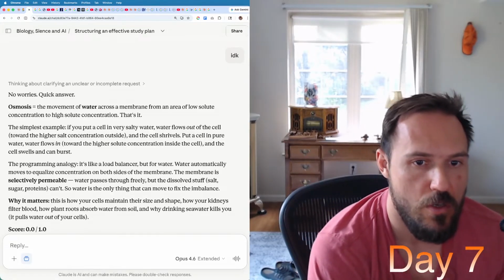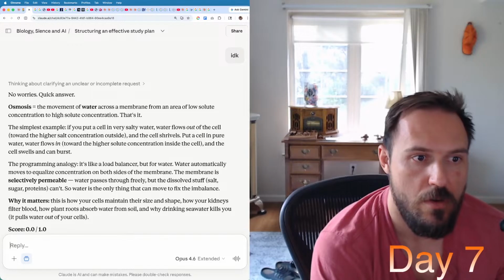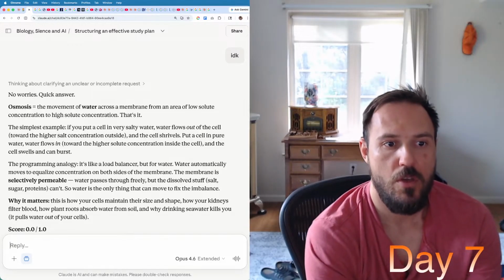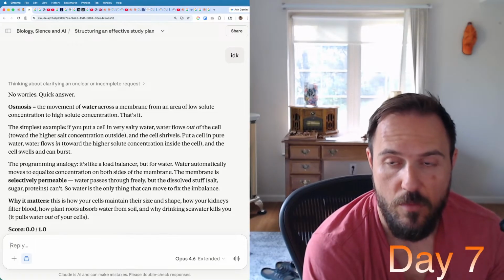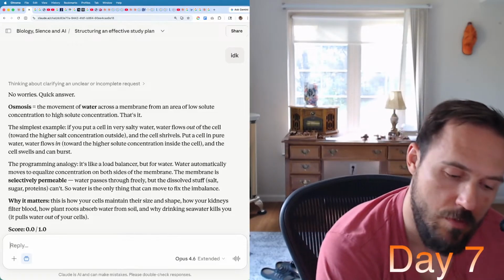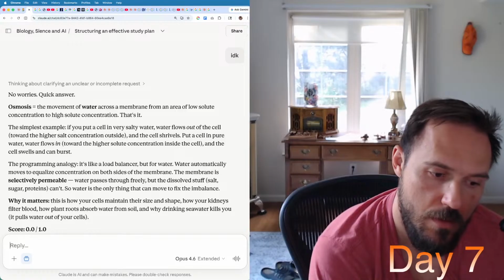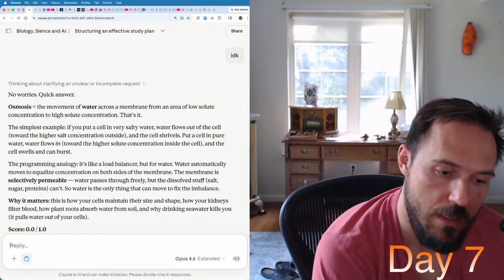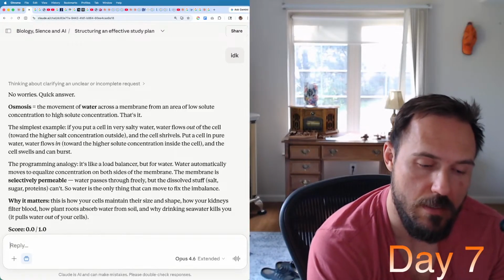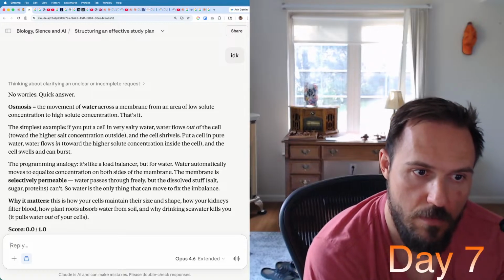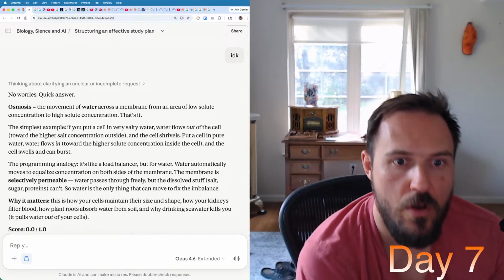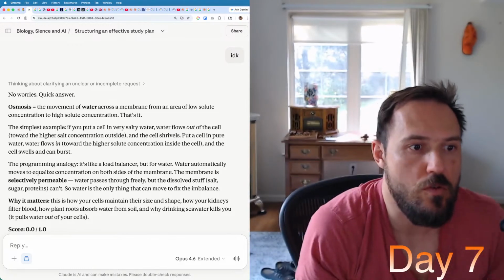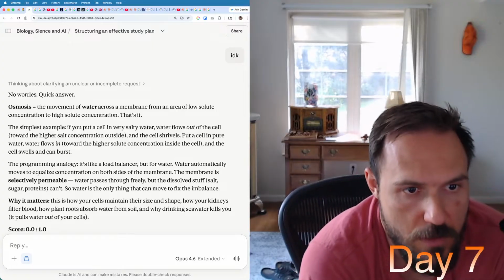because your cells will starve for water, since the water outside of the cells will be more salty than the water inside of the cells, right? Simply, from an area of low solute concentration to high solute concentration.